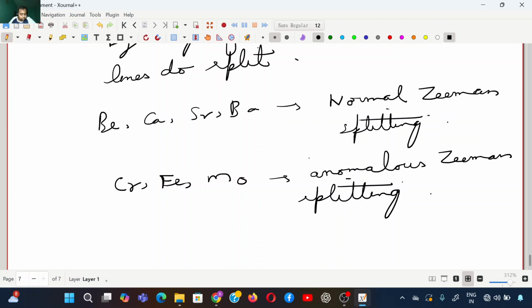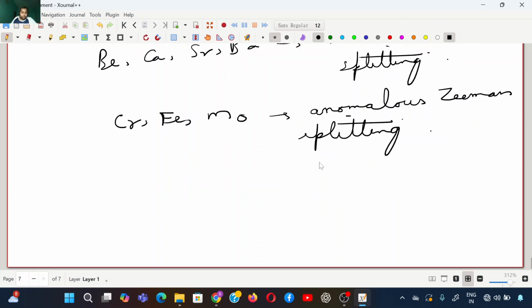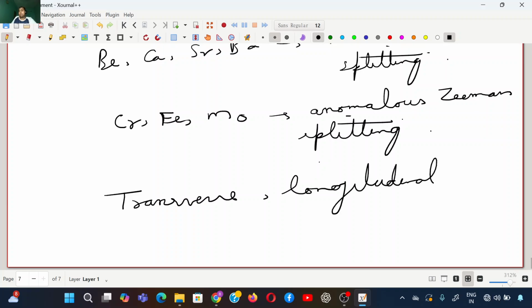Again, there are some things you can do on your own, right? Transverse and longitudinal Zeeman effect, take it as self-study.